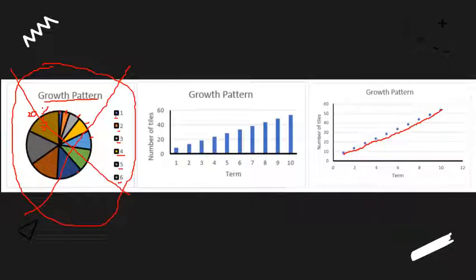Here we've got a bar chart. Again, I've got this heading, and this time it's a little bit better because I've got my axes. My y-axis is labeled number of tiles. And here down the bottom it's got term, which is really just the pool size. So I'm just going to put PS. And I can see here that I've got my discrete values.